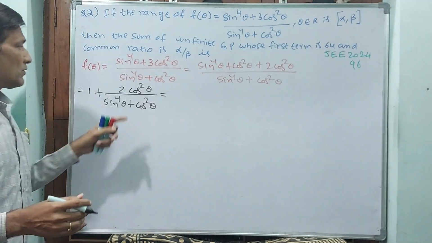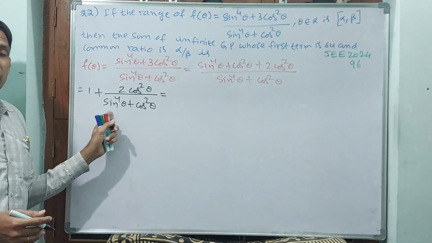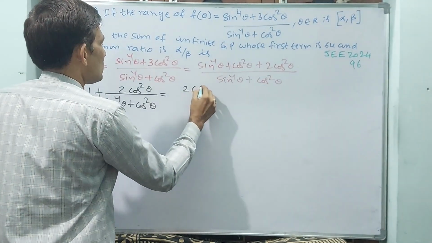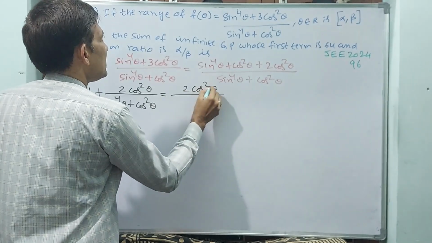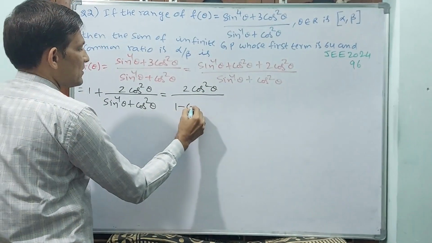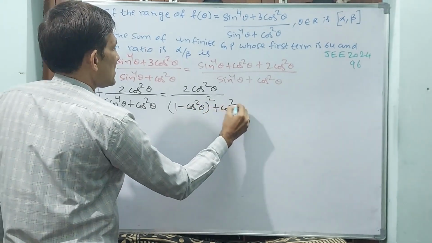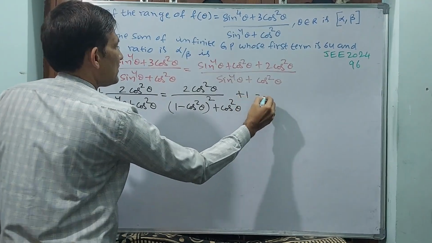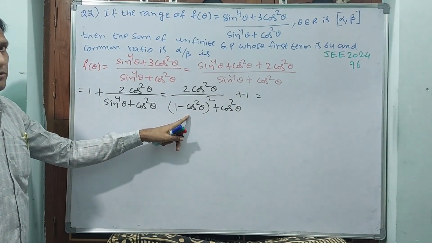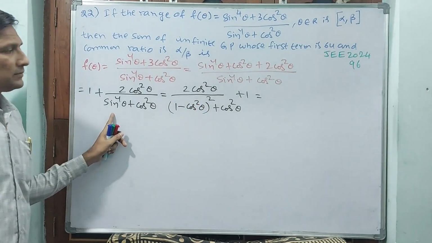Now you see here cos square is there, here sin is there. Can we convert this into cos square? Yes, like that we have to get the idea. Write down 2cos²θ by, I am making this (1 minus cos²θ) whole square plus cos²θ. 1 minus cos²θ is your sin²θ, whole square, sin⁴θ.